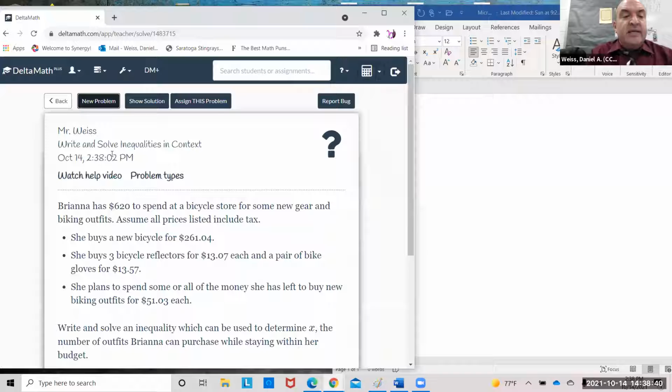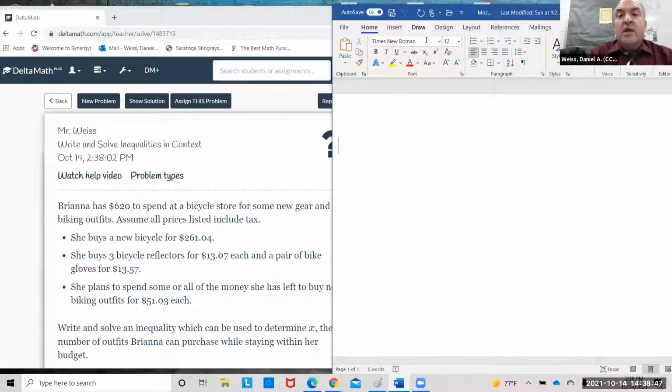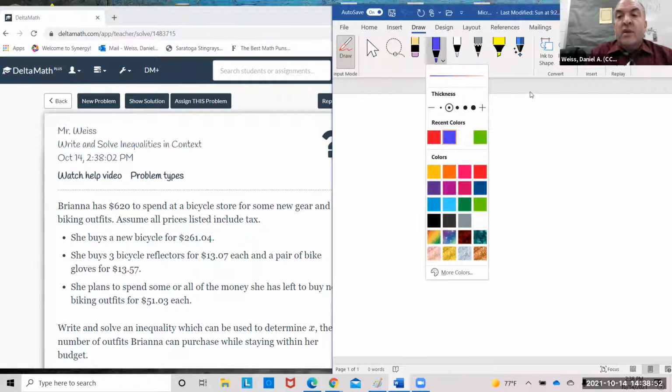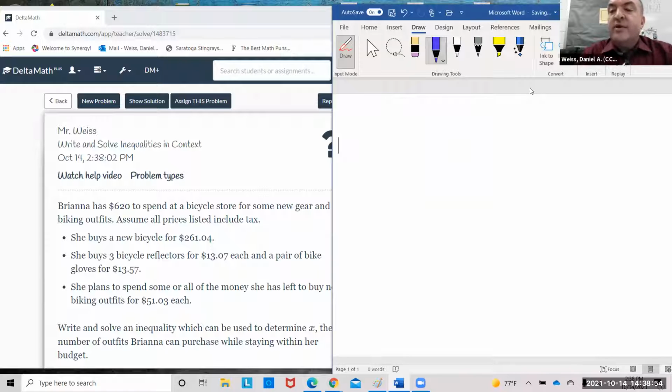It says Brianna has $620 to spend at a bicycle store for some new gear and biking outfits. So this is going to be less than or equal to 620.